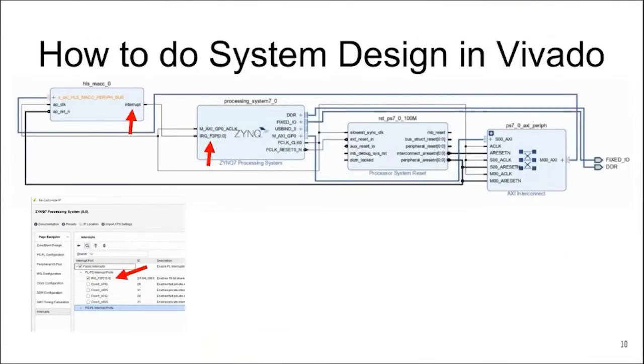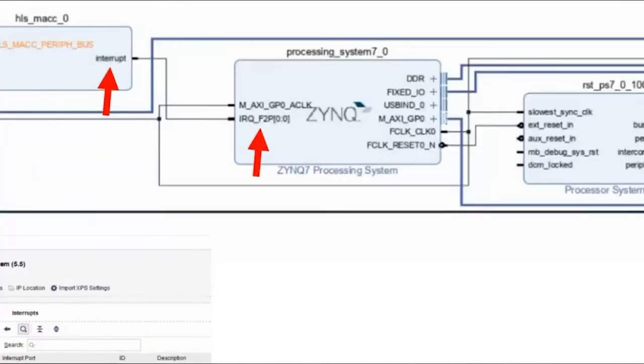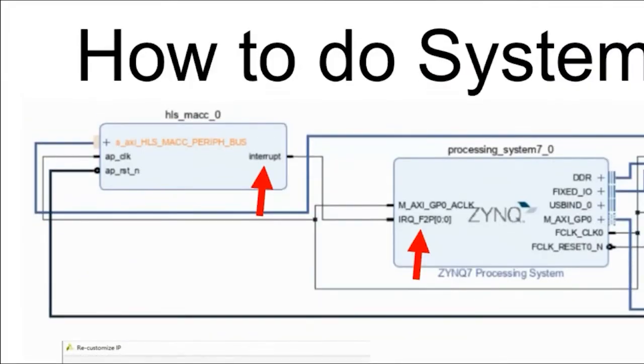And here is the block design of our lab one. The one thing you should notice is usually we just push the automation button, right? And it doesn't work in this lab because we use interrupt here.